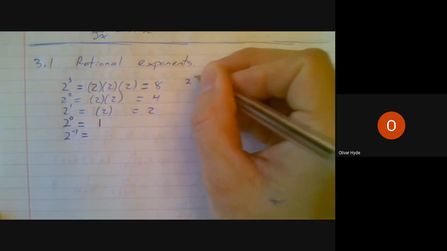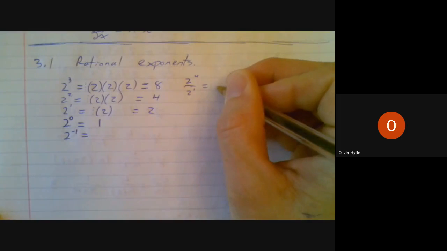Now, this isn't 2 multiplied by itself -1 times, but it's also not really -1 factor of 2, although I could stretch that explanation a little bit. When I have a positive number of factors, that ends up with a multiplication. This right here you can think of as a deficit of factors. Perhaps 2 cubed means there are 3 more factors in the numerator than there are in the denominator, like with our exponent laws.